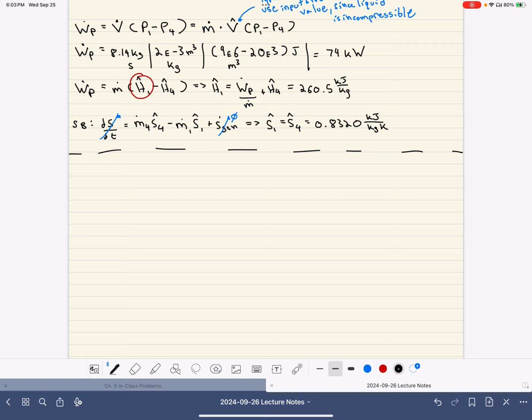Okay. So this is dealing with step 1 to 2, boiler. Material balance, same as always.